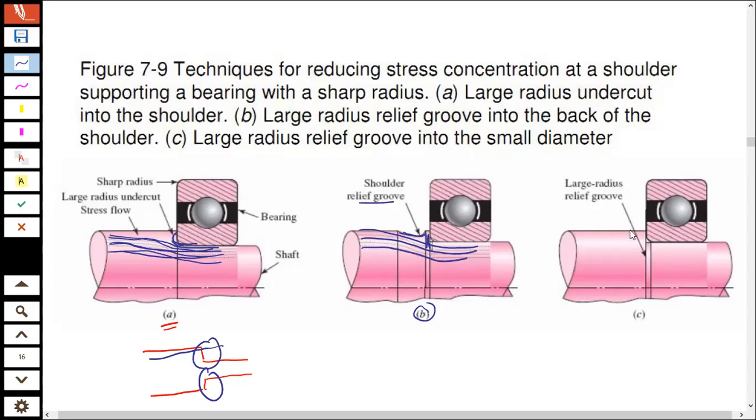Okay? We can also give a large radius relief groove on the smaller radius. If you look over here, this is again a large radius relief groove that will relieve stress concentration. So these are the ways in which you can relieve your stress concentration in shafts.